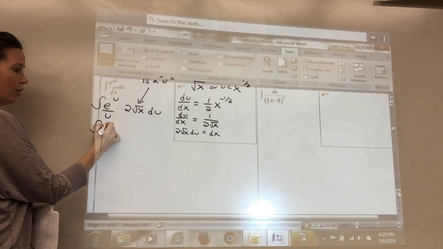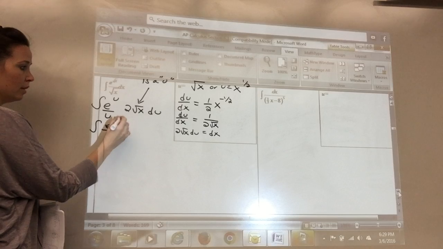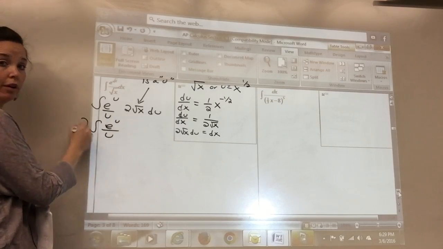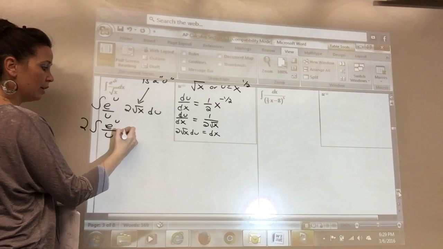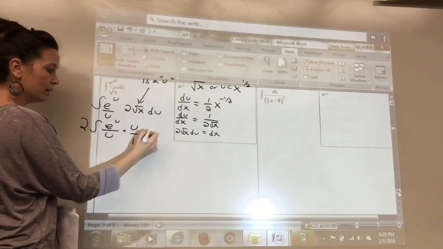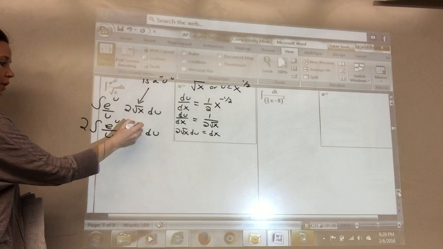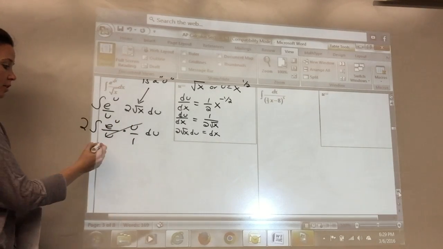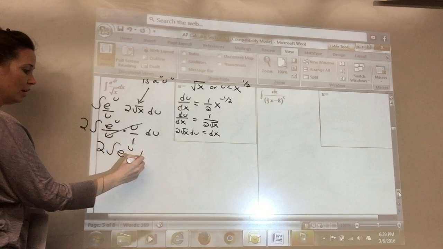We really have the integral of e to the u over u. See that too? I'm going to pull that through my function. The square root of x is really a u, so I'm going to put u over 1 du. And you can see how nicely this will work out for us because I can reduce. So I have 2, I have my integral of e to the u du.